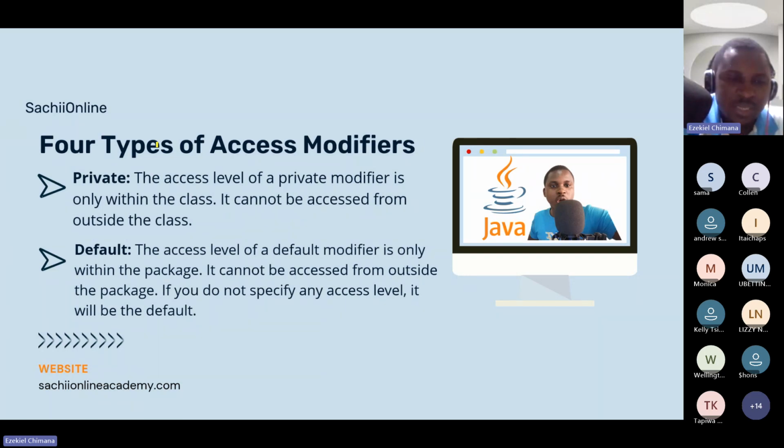What if you mark it default? The access level of a default modifier is only within the package. When you're talking about a package in Java, you're talking about a folder. So your project has a folder. The default access modifier is only at the package level.